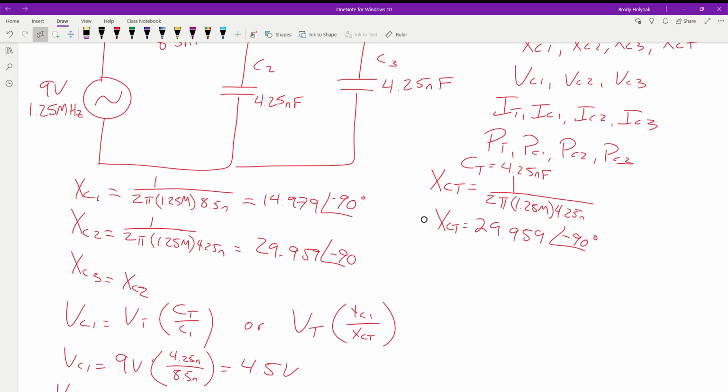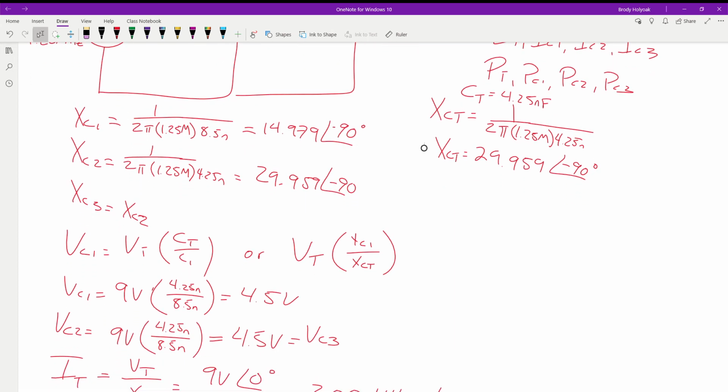The other thing we can do is double check that. So our XCT is going to be equal to XC1 plus XC2 in parallel with XC3. If we're looking at it from a resistance standpoint, we'd have this formula.